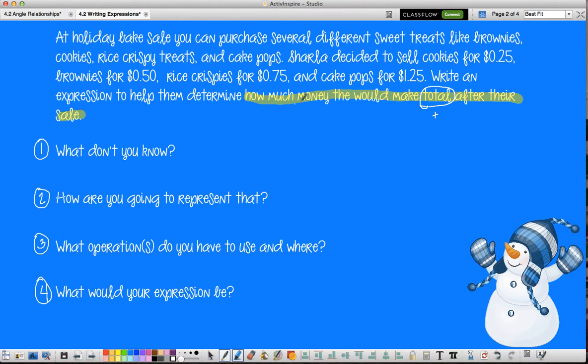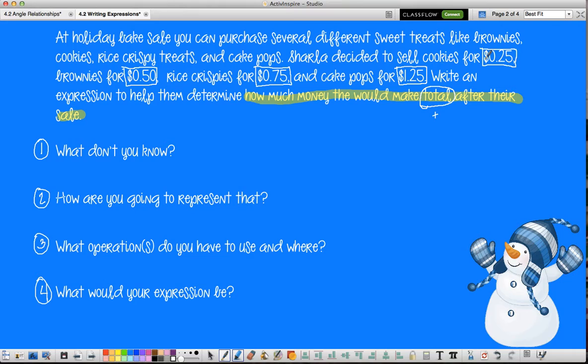So through here, if I want to know the total they made after the sale, it would be important to know how much they sold for. So important numbers would include 25 cents, $1.25, 75 cents, and 50 cents because I know each of those is going to help me find my total.